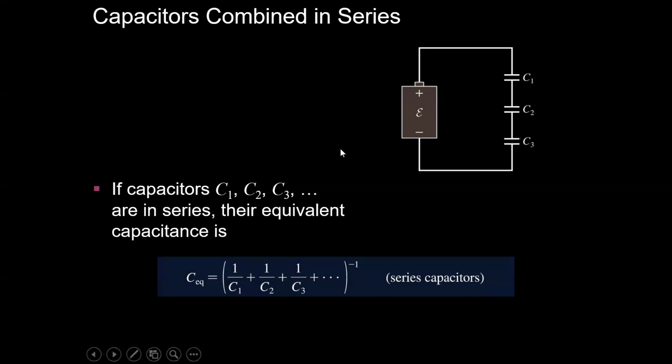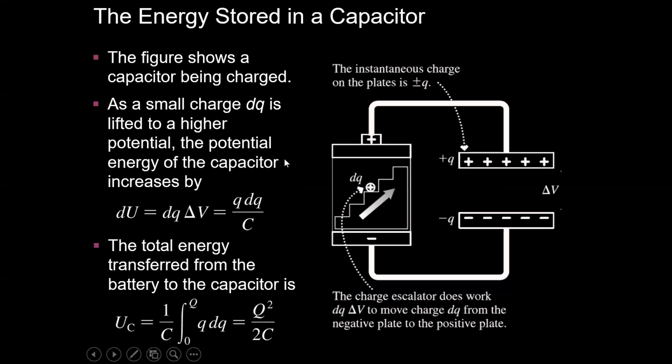Like if you have 3 capacitors, it's possible to connect them all in series. It's possible to connect them all in parallel, but it's also possible to connect them where one is in parallel with the battery and the other 2 are in series, in parallel with the battery. So we get different circuit diagrams that you see in your homeworks.